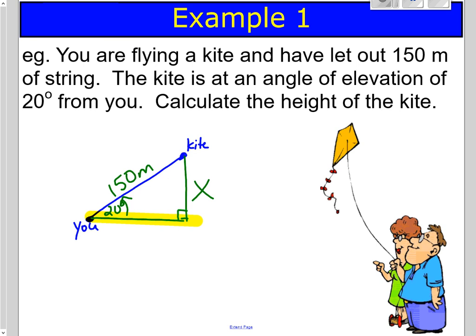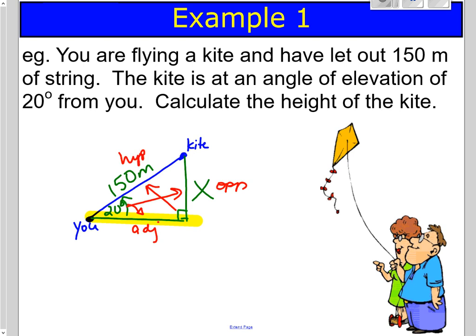That would be the height if you went directly underneath the kite to the ground. How high is the kite? So here is our right triangle. Now it's just a matter of labeling our sides. This is my opposite, this is my adjacent, and this is my hypotenuse.